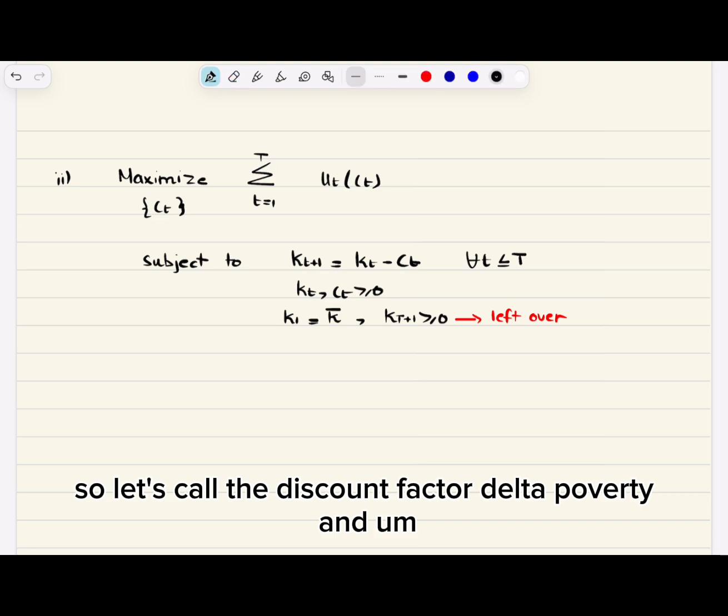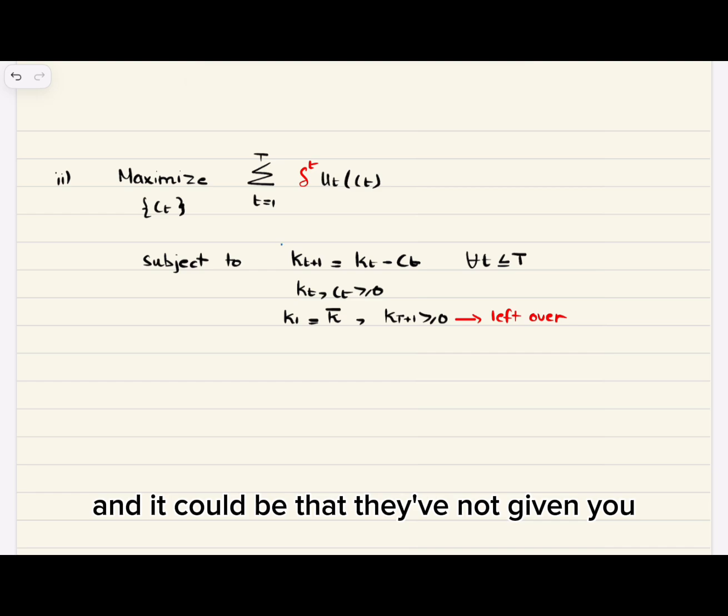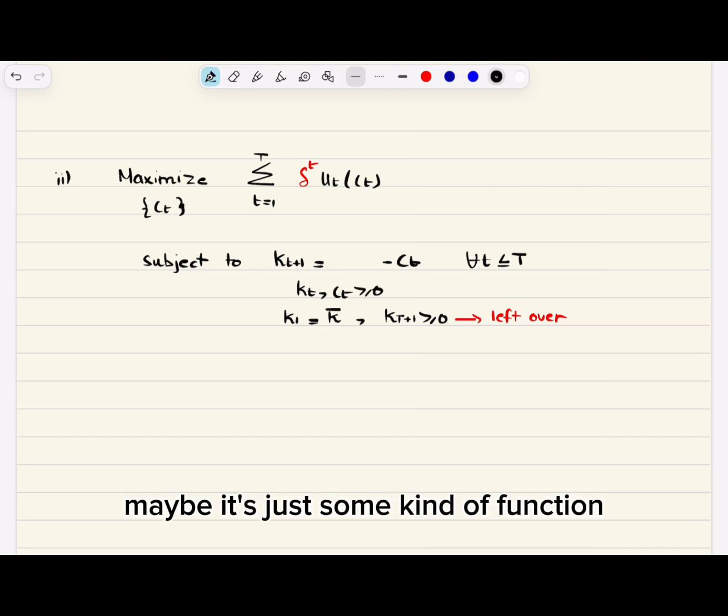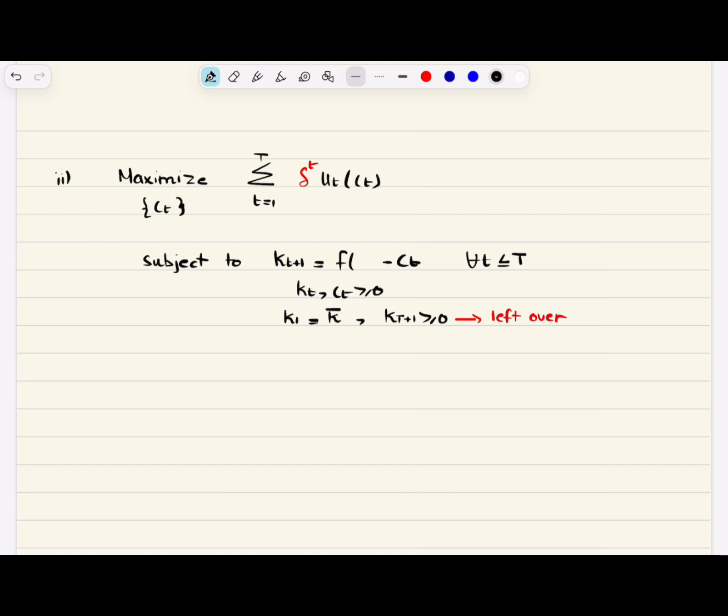Let's call the discount factor delta to the power t, and it could be that they've given you, like, k to the power alpha or whatever. So maybe it's just some kind of function that depends on k t.